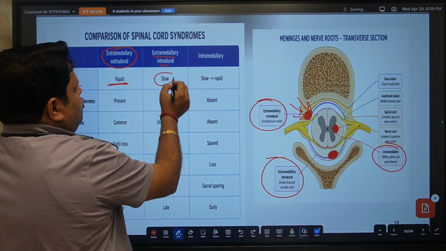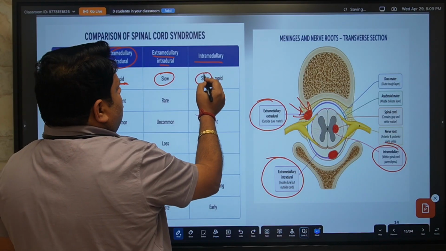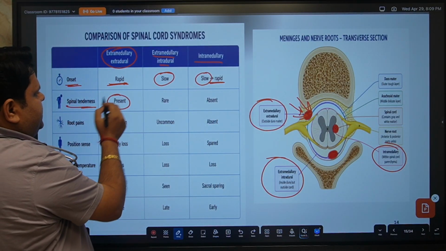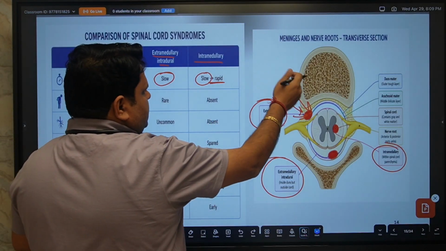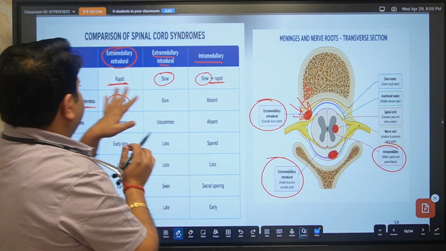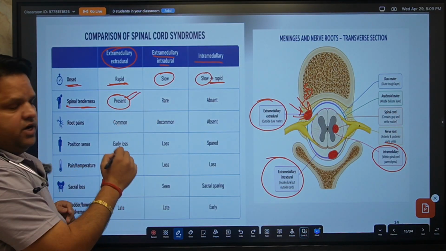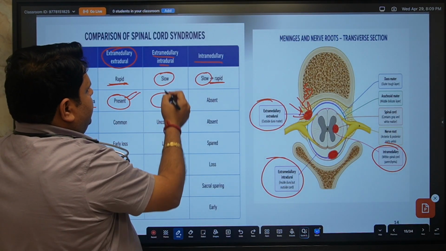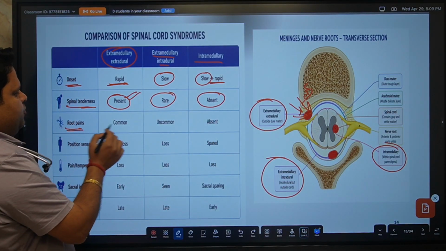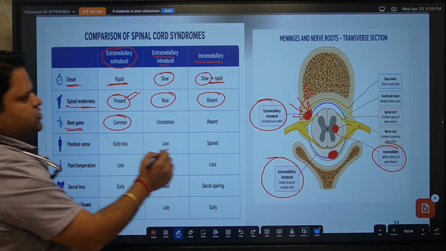Extramedullary intradural is usually slow progressive, and intramedullary is usually slow or maybe rapid in some cases. Spinal tenderness is present in extramedullary lesions because of involvement of the vertebral bone also. So tenderness is present in the extramedullary extradural lesion, rare in the extramedullary intradural, and absent in the intramedullary lesion. Root pain is also a feature of the extramedullary extradural.